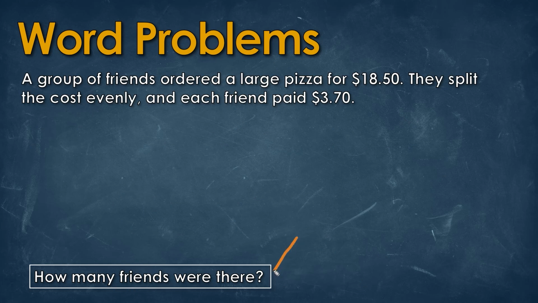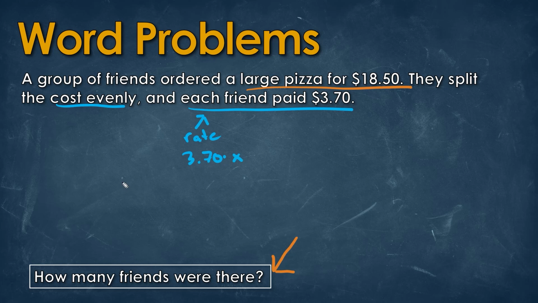For this question, we're trying to figure out how many friends were eating pizza. Now, it tells us that a large pizza is $18.50. And if they split the cost evenly, each friend will pay $3.70. This word each gives it away that it's going to be our rate, meaning that we're going to have 3.70 times x.